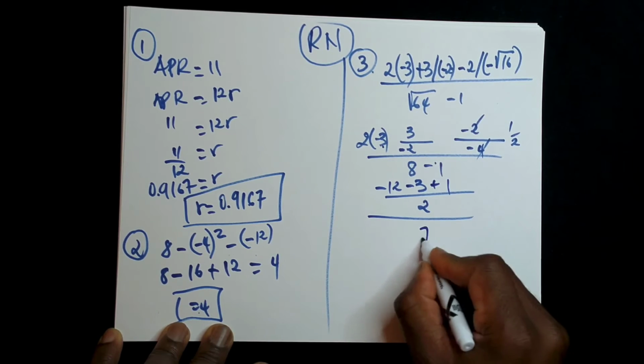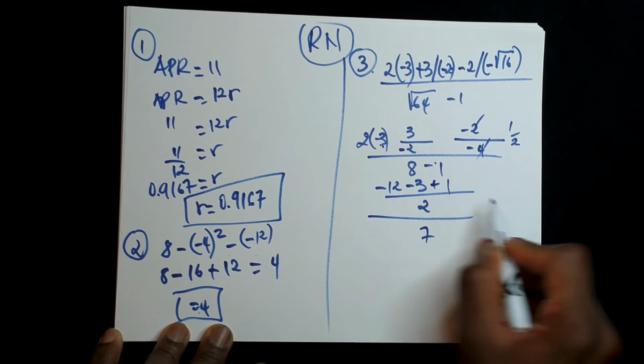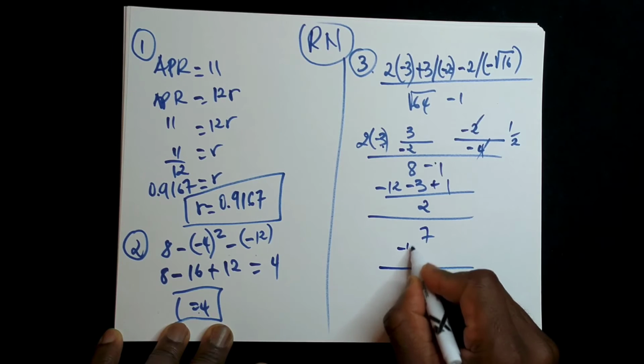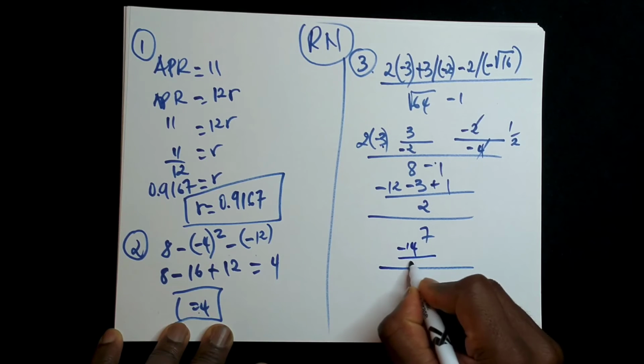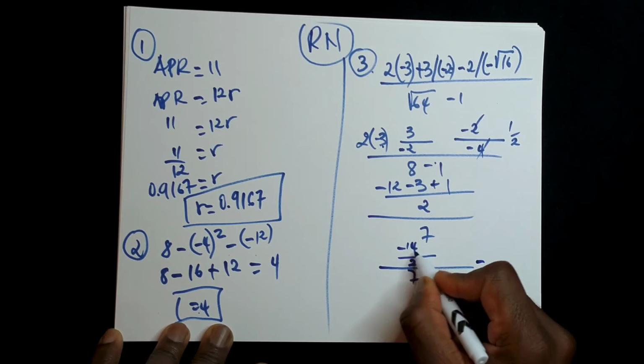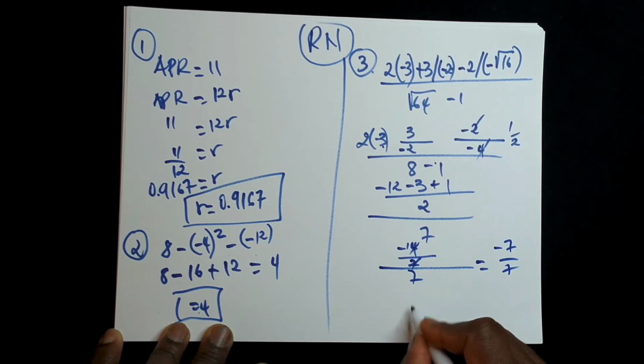And on the bottom, 7. So we have negative 15 minus 1, that gives us negative 14, over 2 and 7. So if we simplify it, we have negative 7 over 7, and the final answer is negative 1.